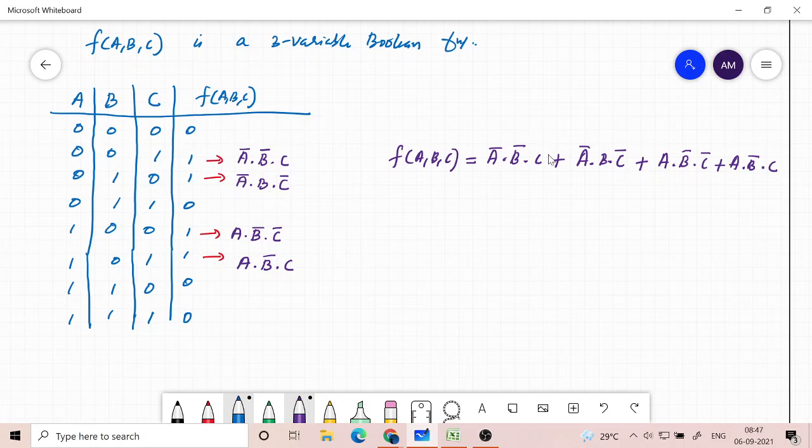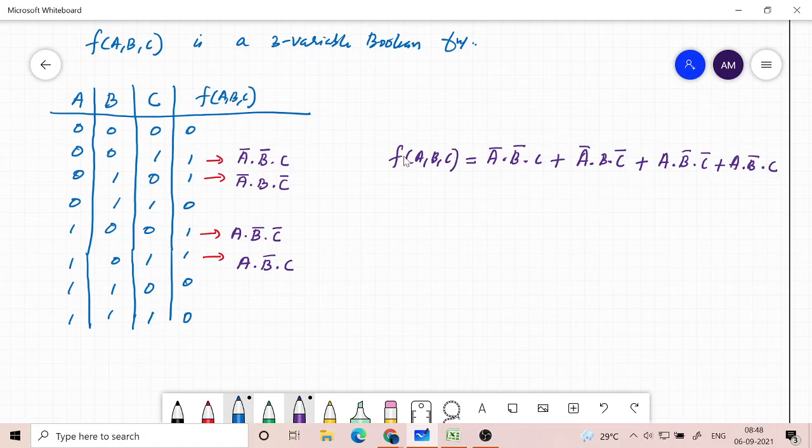So that is the first case. So we are saying A bar should be 1, B bar should be 1, and C should be 1. When all 3 are satisfied, only then that becomes 1. Or then we say if A bar is 1, B is 1, and C bar is 1. If together these are satisfied, then also it can be 1. Every time we say or, we put the plus, and every time we say and, we put the dot. So this is another way of specifying.